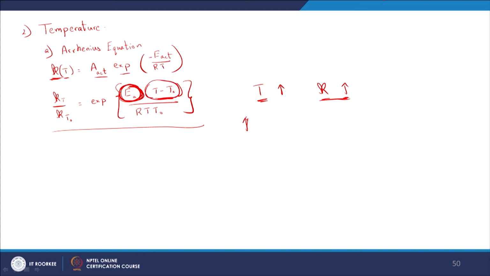So the higher the energy of activation in general, greater is the effect of change in temperature on the relevant rate constant, right, that is what you see here in this particular equation.